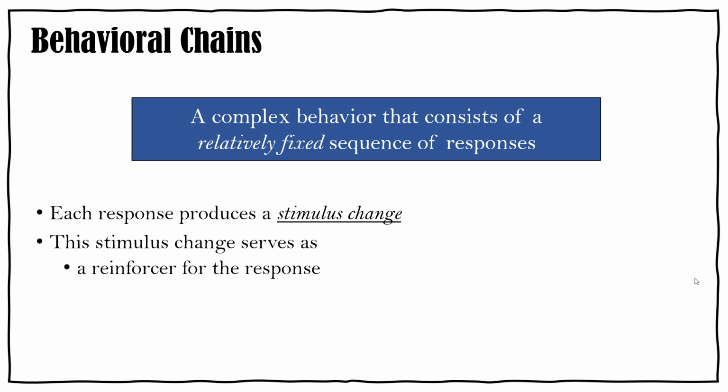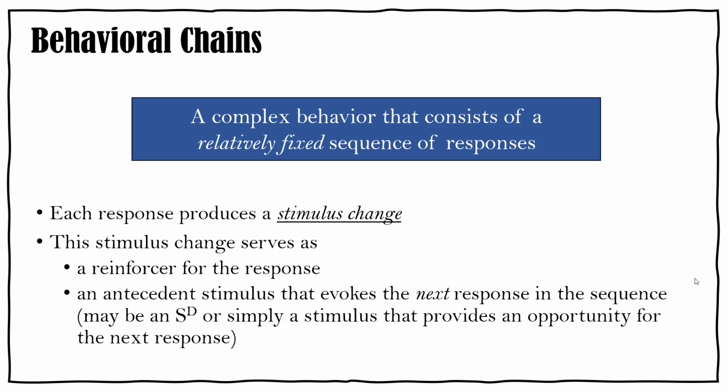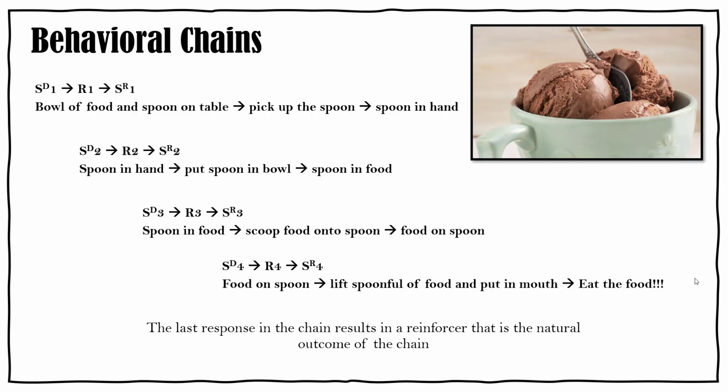One, it serves as a reinforcer for the response, and two, it serves as an antecedent that evokes the next response in the sequence. Or, if you put it more simply, using our ABA terminology, it may be an SD that provides an opportunity for the next response.